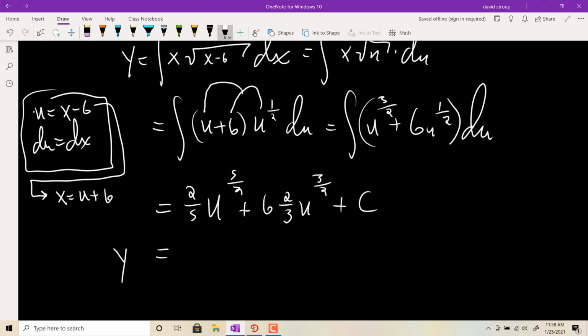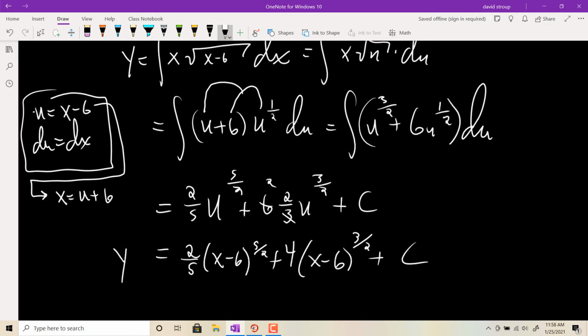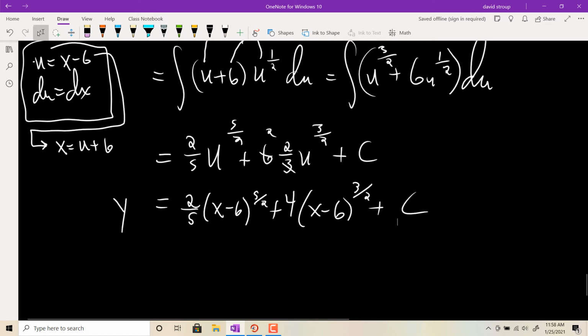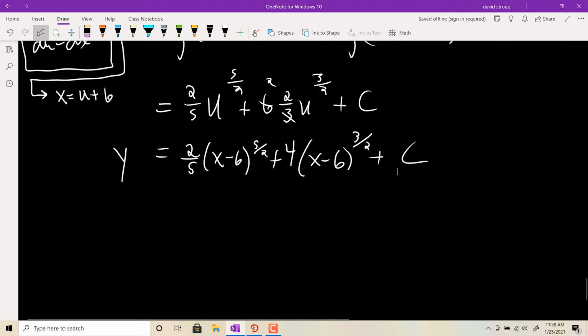So our solution y is equal to 2/5 times (x minus 6) to the 5/2 plus 4 times (x minus 6) to the 3/2 plus your integration constant. Okay, so, awesome. You already know how to do differential equations, even if you didn't know it.